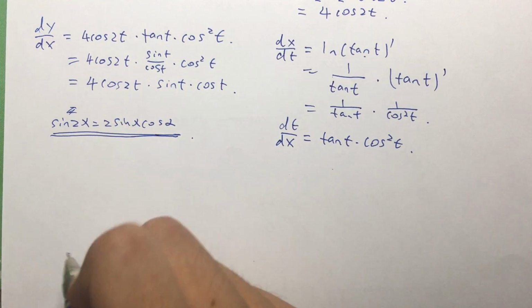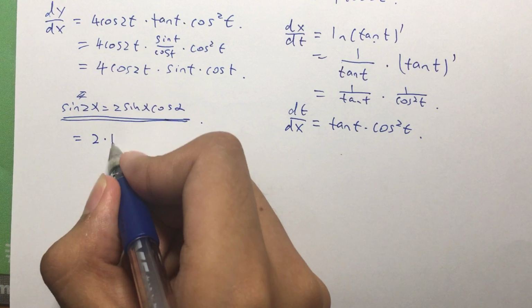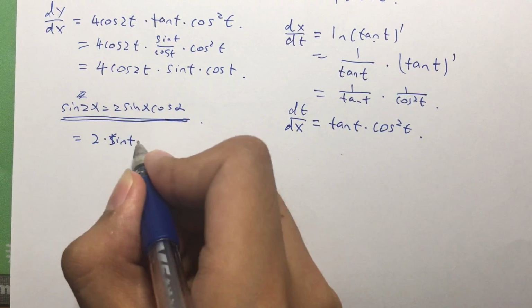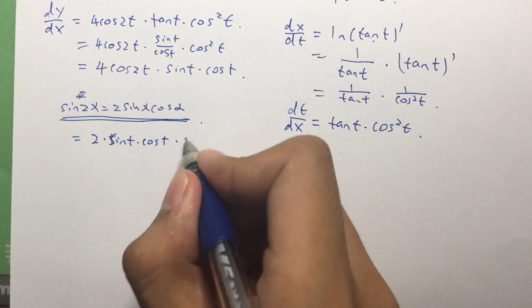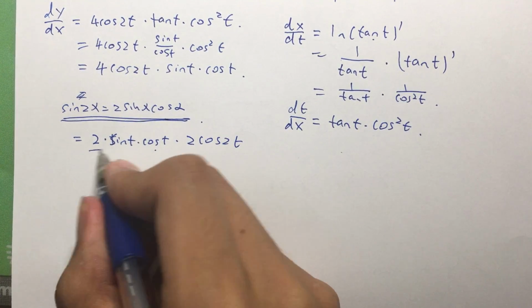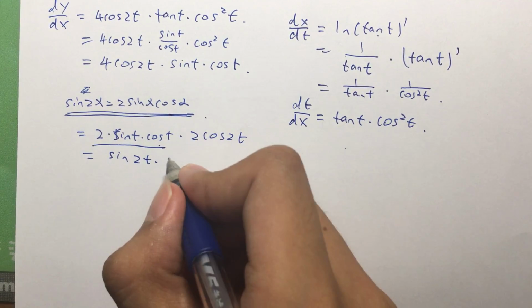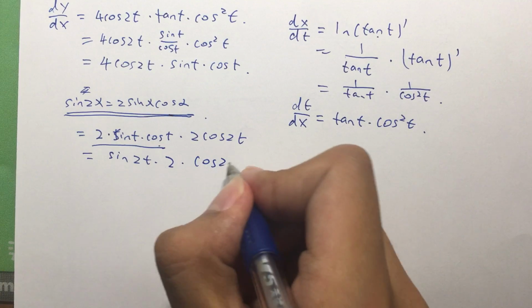So let's divide the 4 into 2 and 2. So let's do 2 times sine t times cosine t times 2 cosine 2t. And here we can combine this into sine 2t times 2 times cosine 2t.